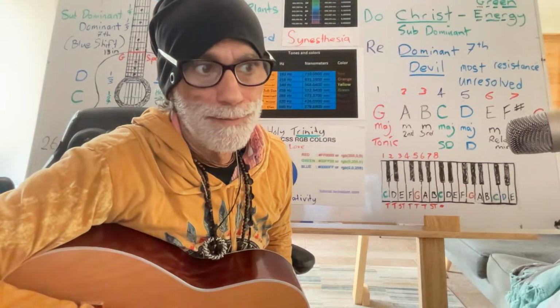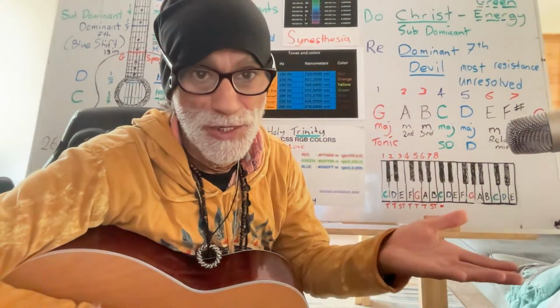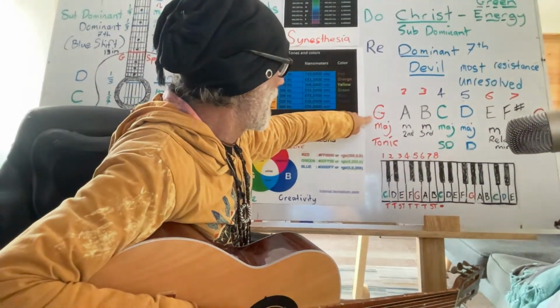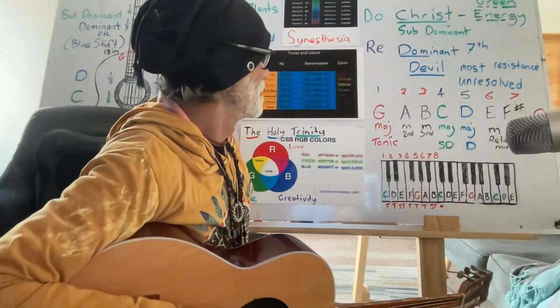And that diminished one rarely gets played. It does get played in songs, but you don't stop there as much. These are the stopping points: the 1, the 4, and the 5.